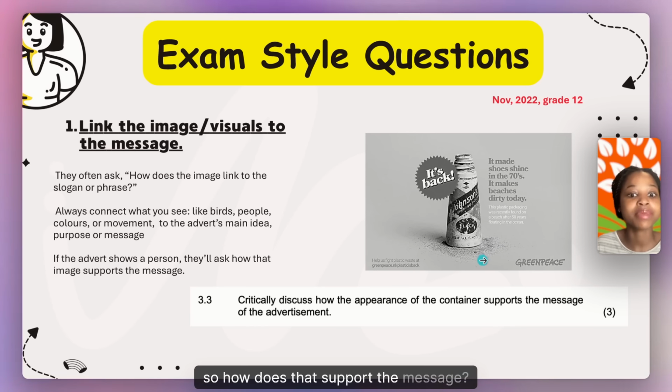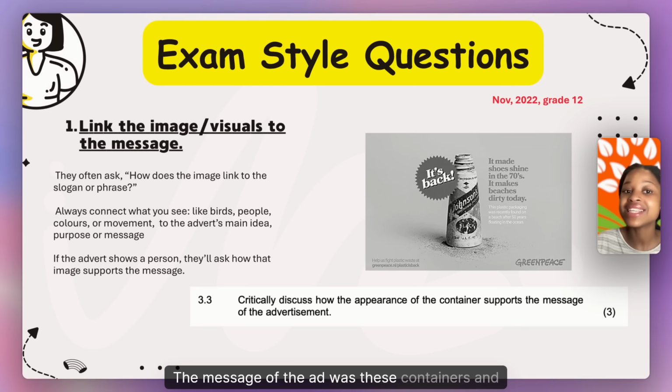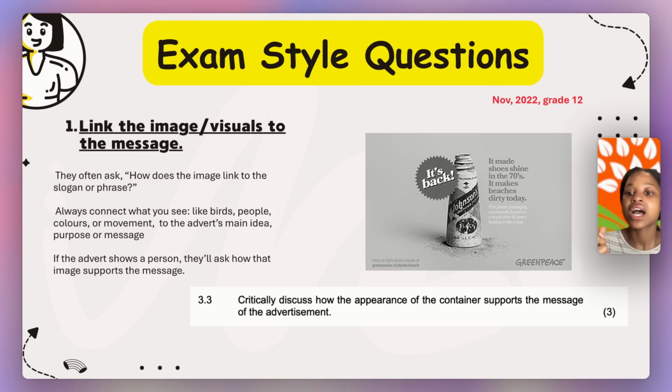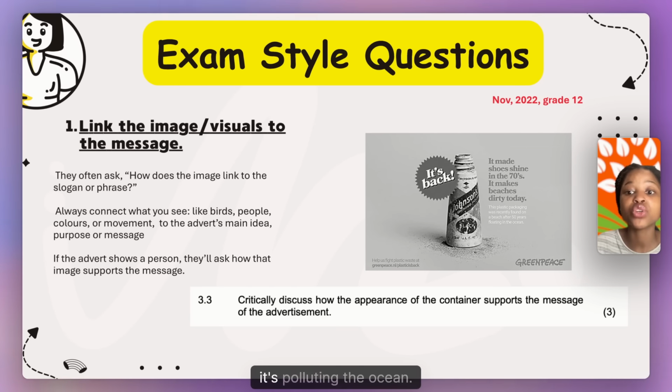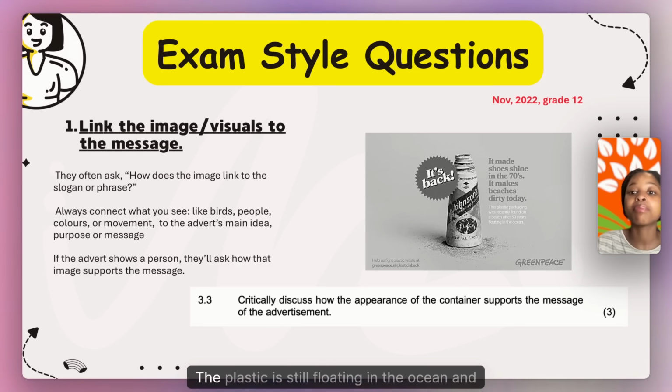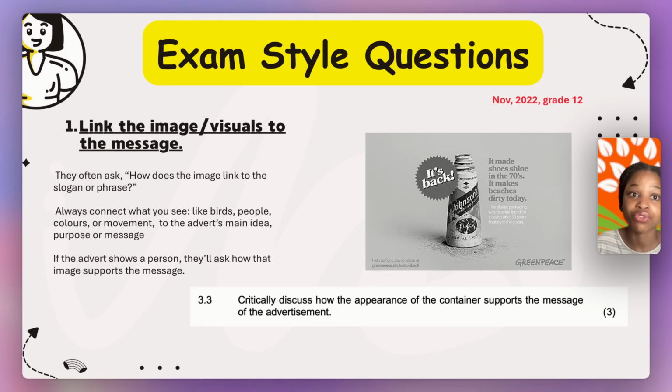So how does that support the message? The message of the ad was that these containers, the plastic packaging, is destroying beaches and polluting the ocean. The plastic is still floating in the ocean, and it's damaging wildlife at sea, right?